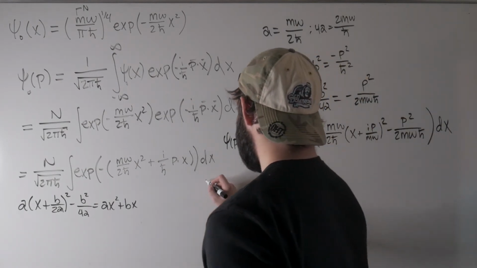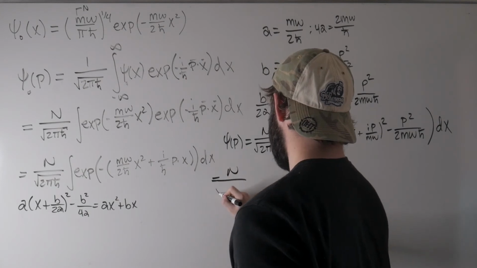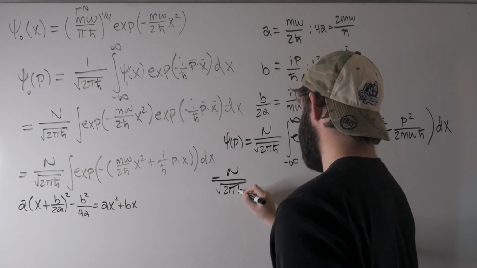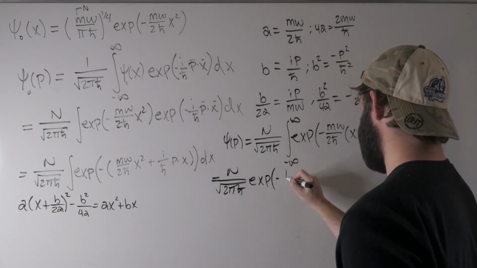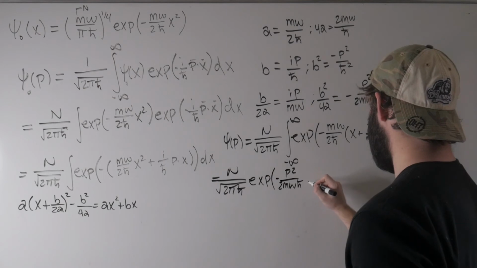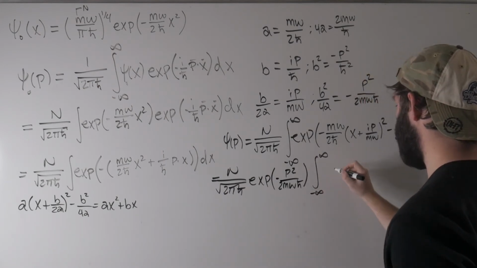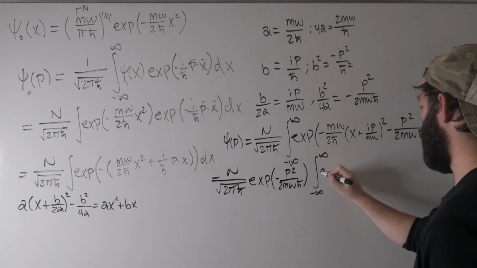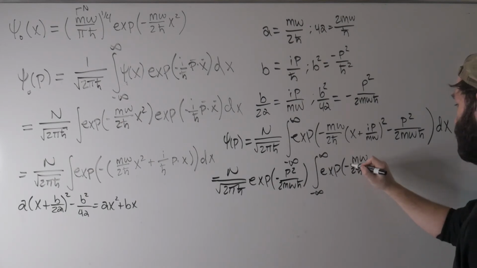Okay, so we can write this as equal to n over root 2 pi h bar, the exponential of minus p squared over 2m omega h bar, integral from minus infinity to infinity of the exponential minus m omega over 2h bar.